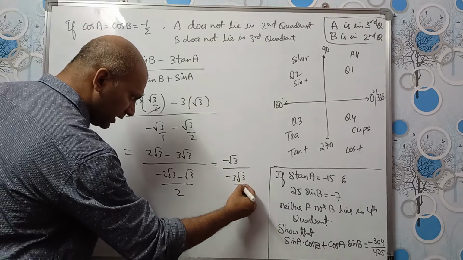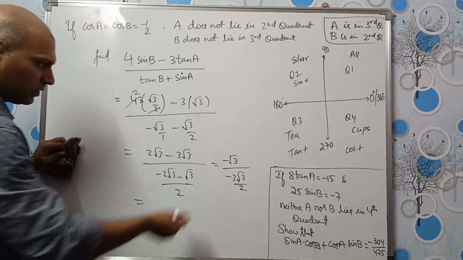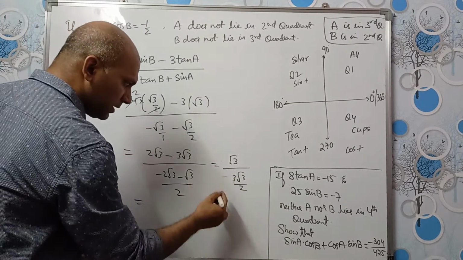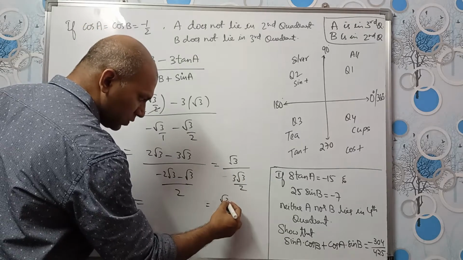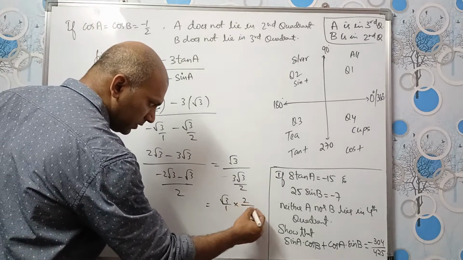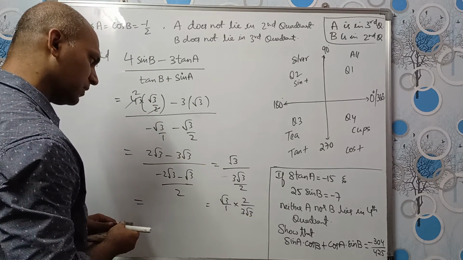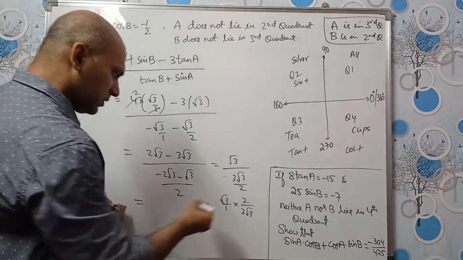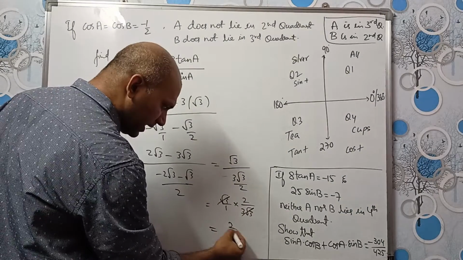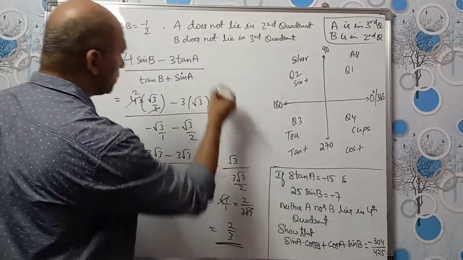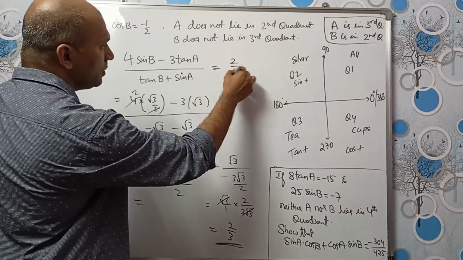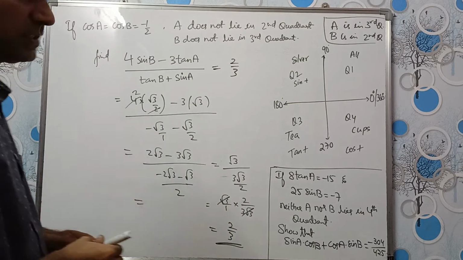Minus 3 root 3 divided by 2. Okay, minus and minus will become plus. So we can write this as root 3 by 1 multiplied by 2 by 3 root 3. Okay. See, root 3 will get cancelled. We have 2 by 3. So this value is equal to 2 by 3.